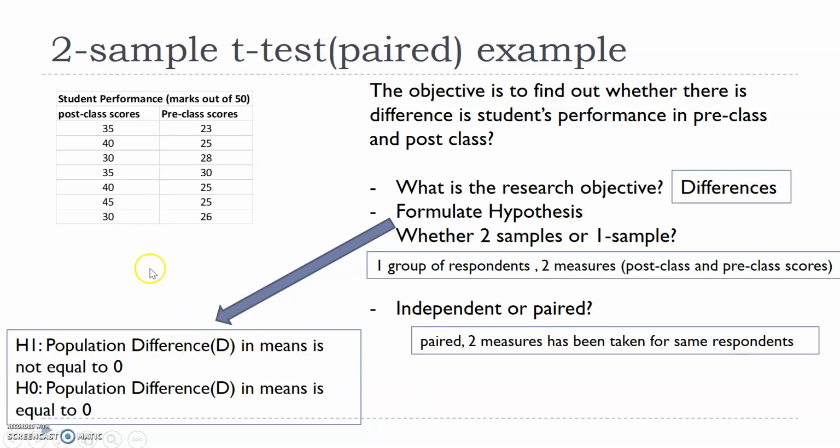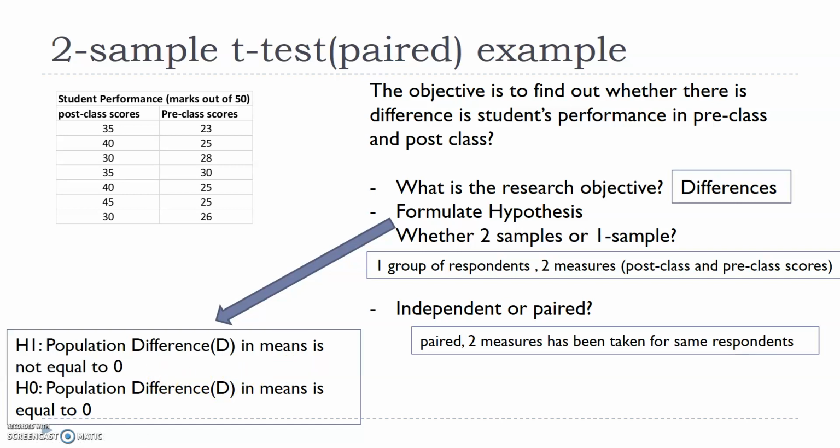Again, coming back to the question of whether it is a one-tail or two-tail test, how will you know? If you remember what we discussed earlier, a two-tail test is used whenever I am not bothered about whether something is greater or lesser, I just want to test equality. So in this case, the null hypothesis is that the population difference in means is equal to 0. The alternate hypothesis is that the population difference in means is not equal to 0. That means I just want to know whether they differ or not.